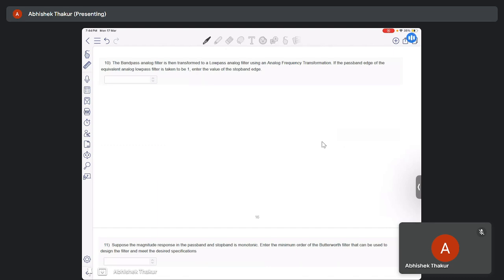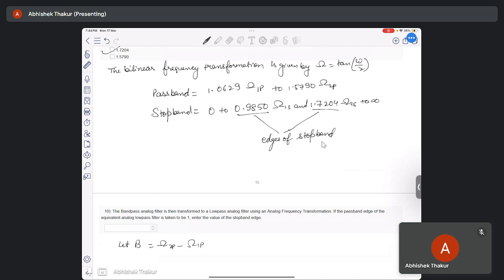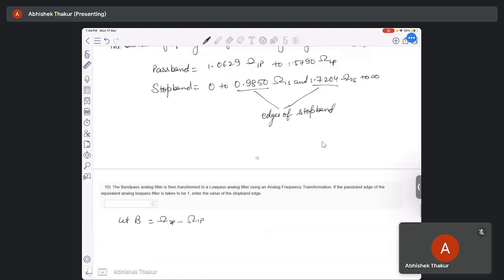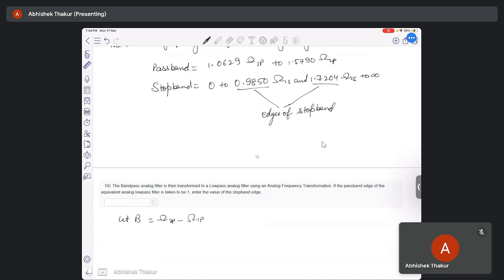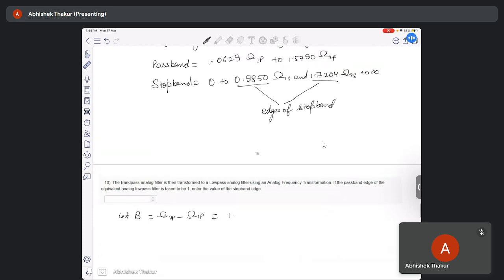So from the previous question we can see, this is the bandwidth, for the passband of this, so this will be 1.5790 minus 1.0629.